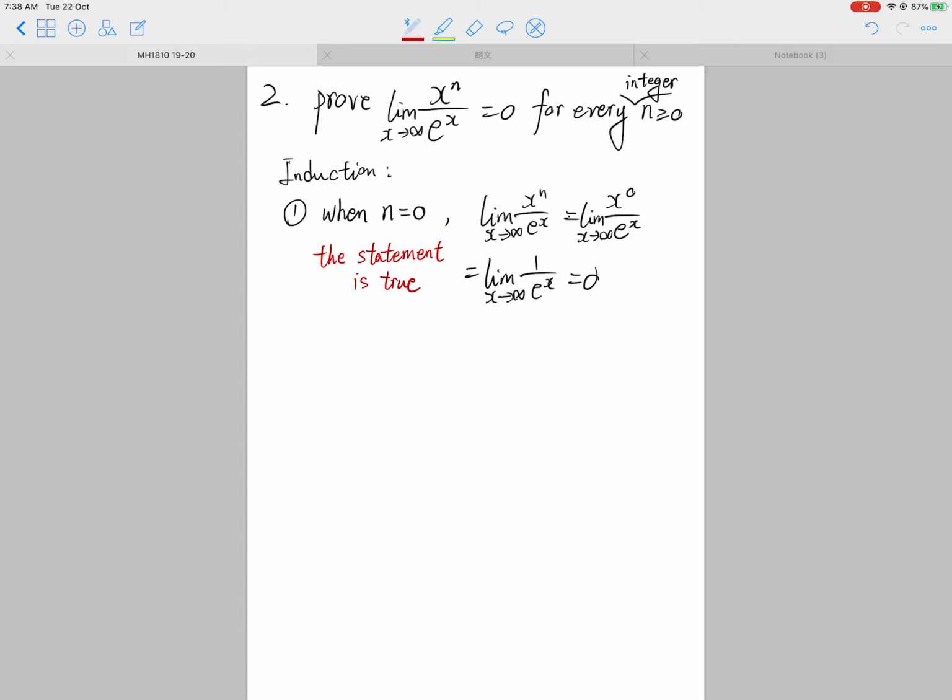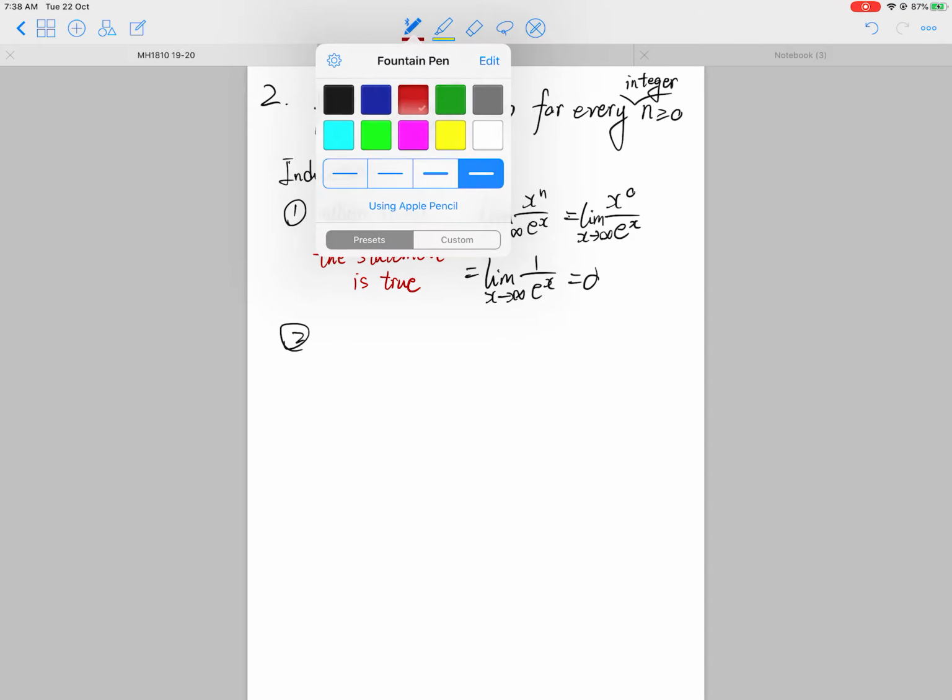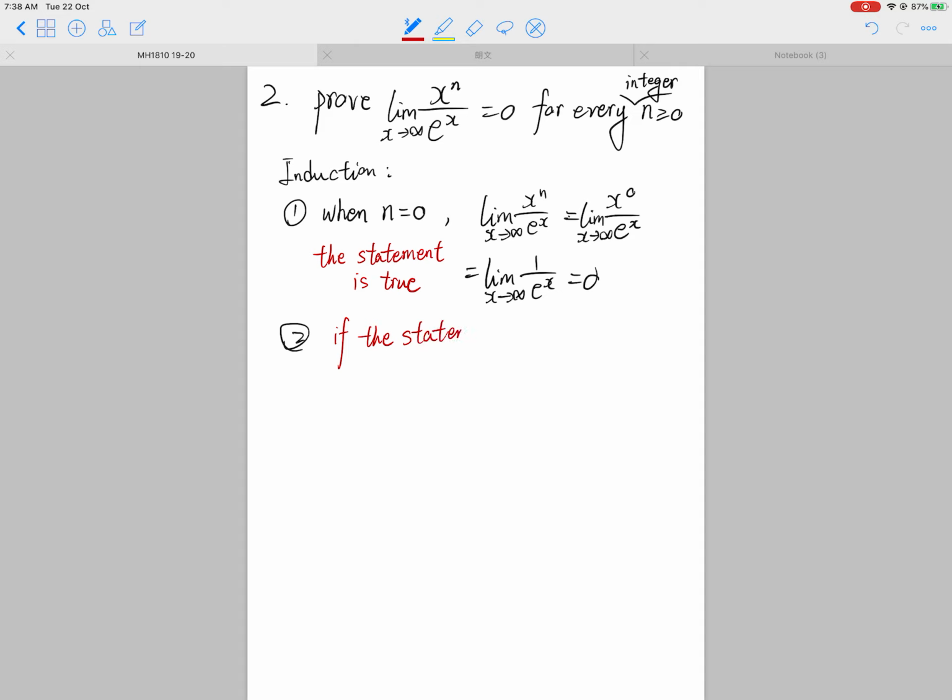Okay, then the second part is if the statement is true when n is k. So this k is what?